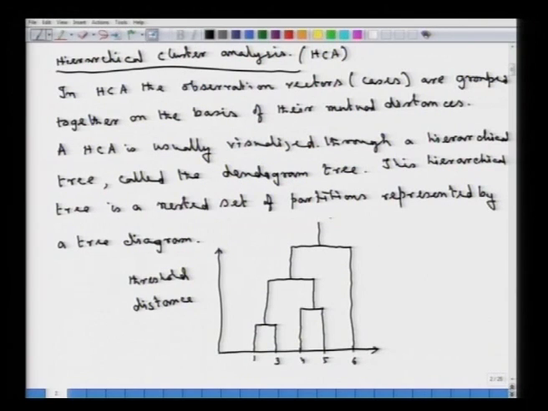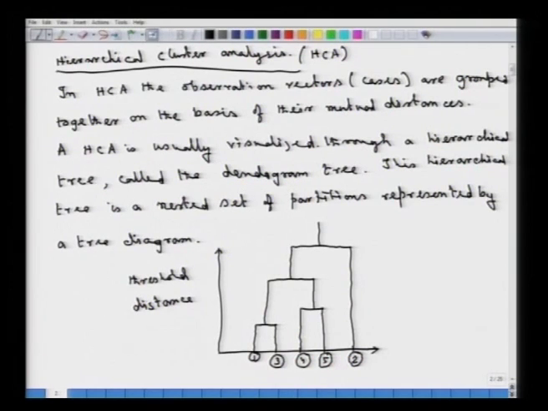Now, what is the interpretation of the tree structure that we have drawn? There are 5 cases at the moment, which are going to be put into various clusters using a hierarchical cluster analysis technique.